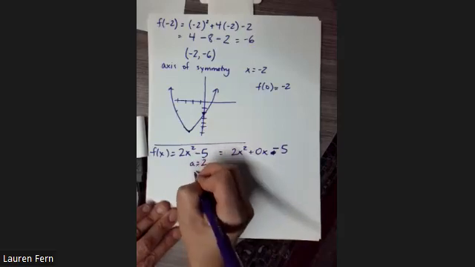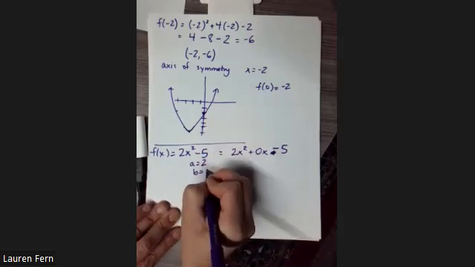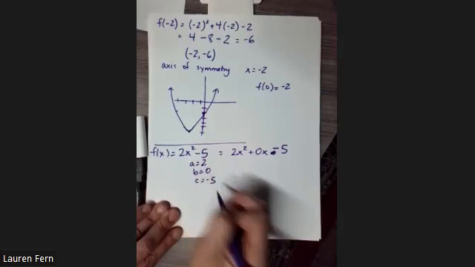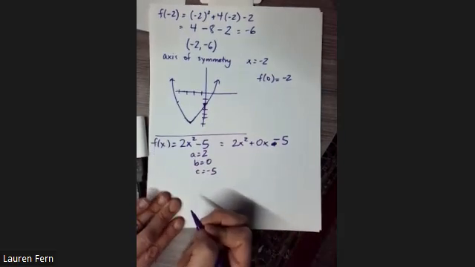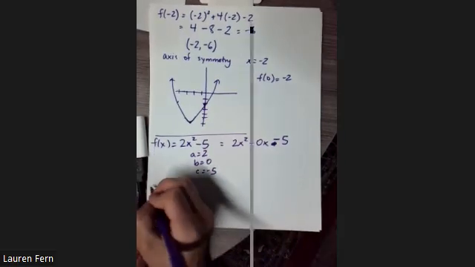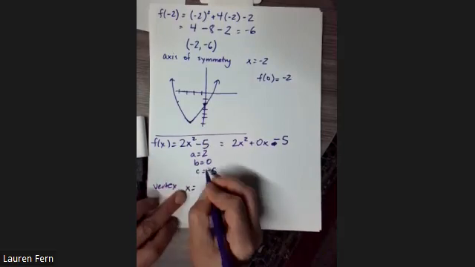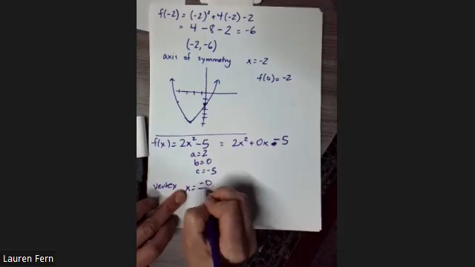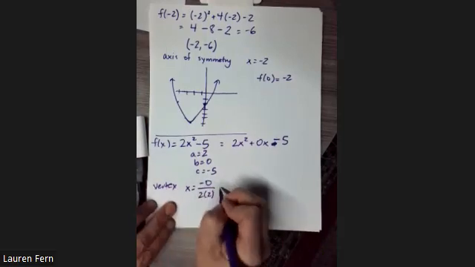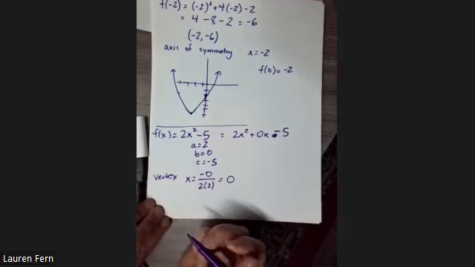Notice here my A is 2, my B is 0, and my C is -5. So in this case, my vertex is -B over 2 times A, which is 0.